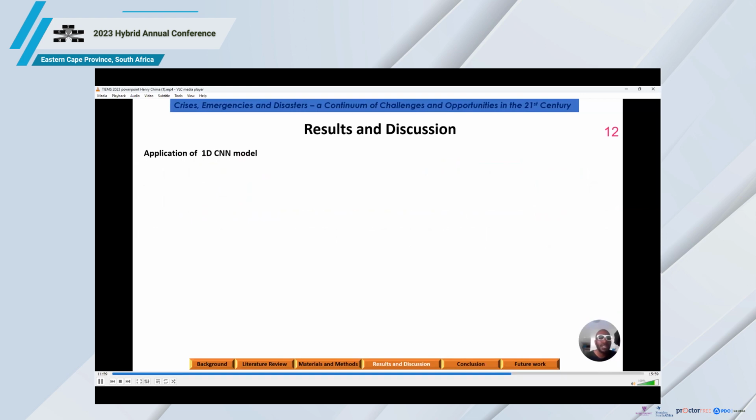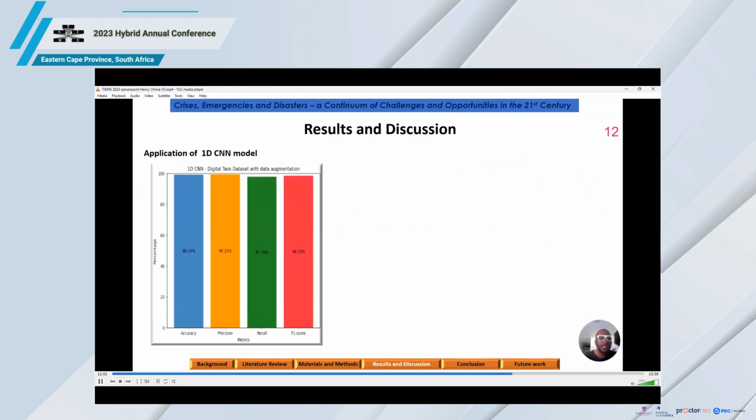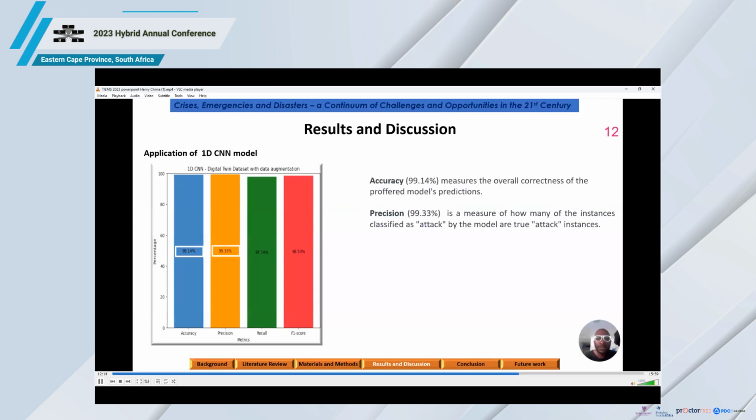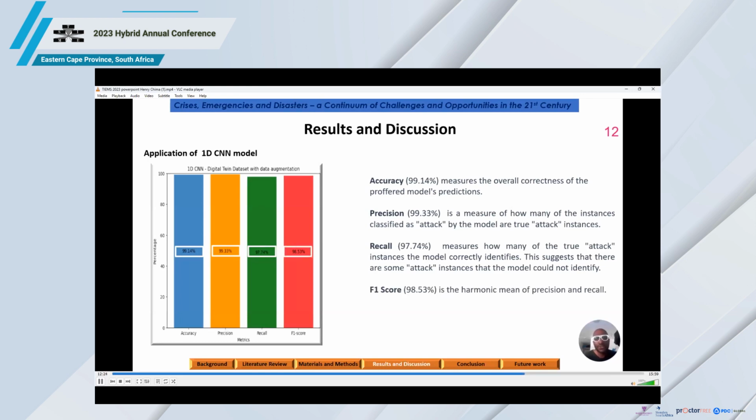Now, results and discussion. I tried to establish results on the digital twin dataset. I implemented a one-dimensional convolutional neural network model on the dataset, and I came out with an accuracy of 94.14, a precision of 93.33, a recall of 97.44, and an F1 score of 98.53.